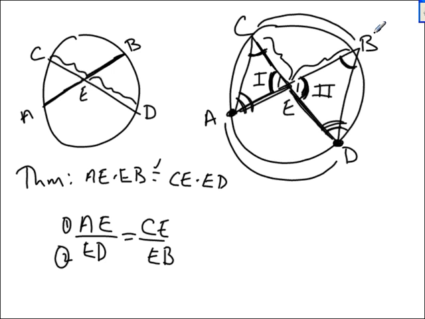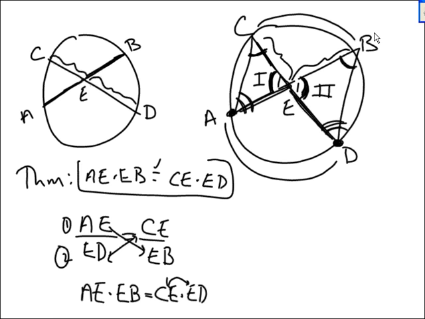EB. And something I hate to say, but in this problem I will, is you cross multiply. That product, AE times EB, must be equal to CE times ED. Or you can reverse that. So we got exactly what we said.